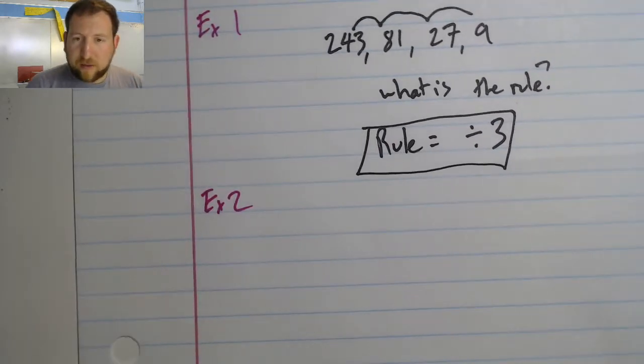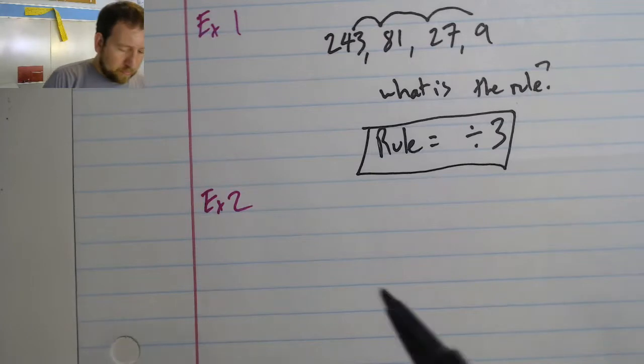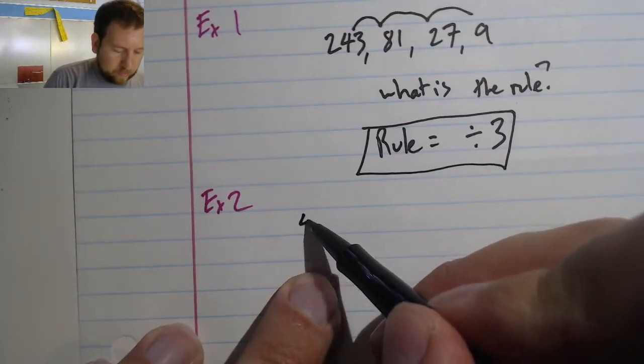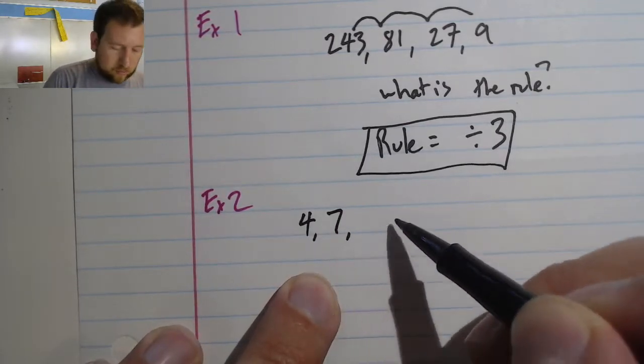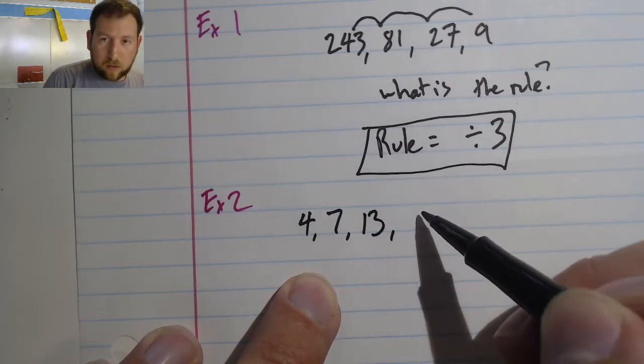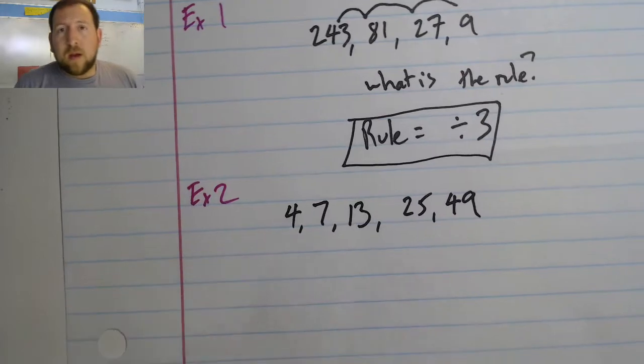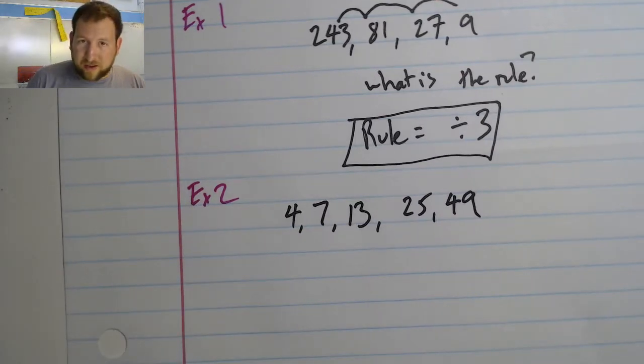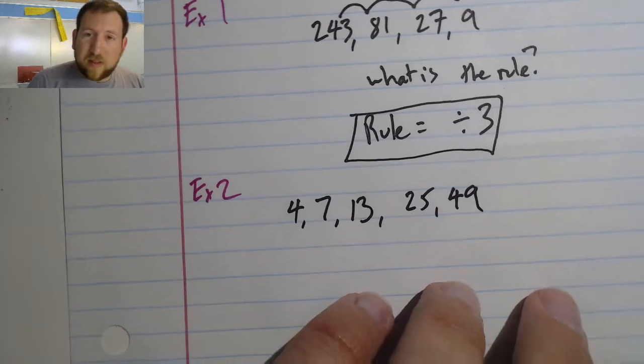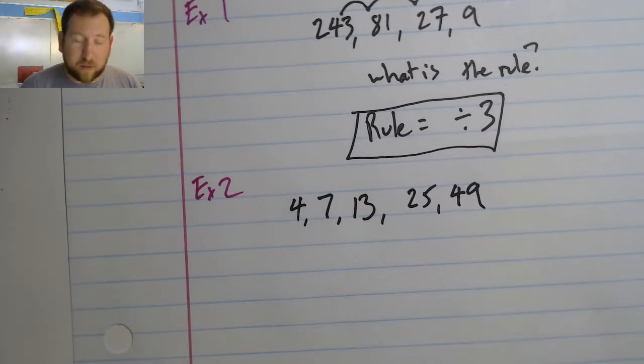Now, sometimes we might have to do 2 things to get to the rule that we're looking for. So this time we're going to look for this. So let's take a look.